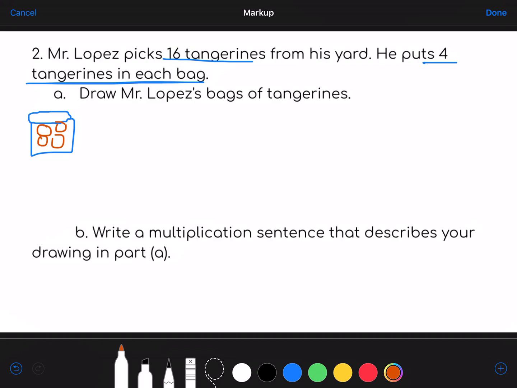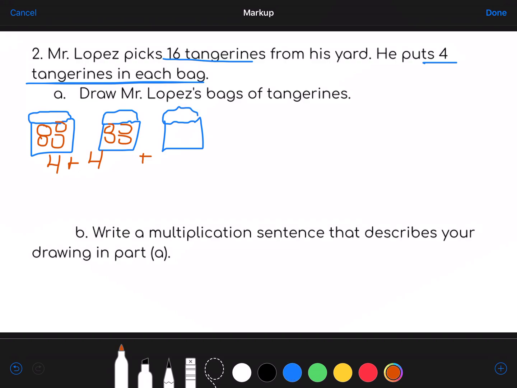Tangerines are kind of like oranges. They're pretty delicious. And then I can go, but that's only 4, and he picked 16. So let me draw another bag, and I'll put 4 more tangerines in it. And then I have to think, well, that's 4 plus 4. That's only 8, and I need to get to 16. So I need to draw another bag.